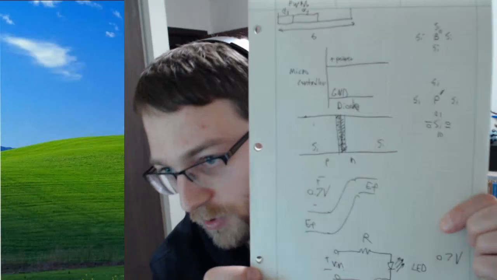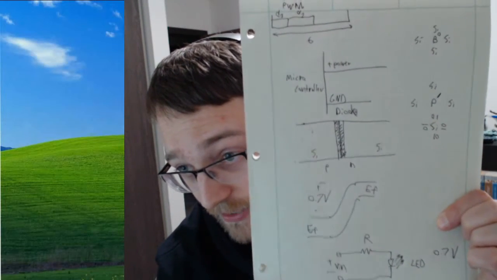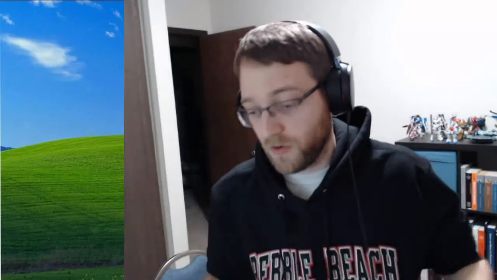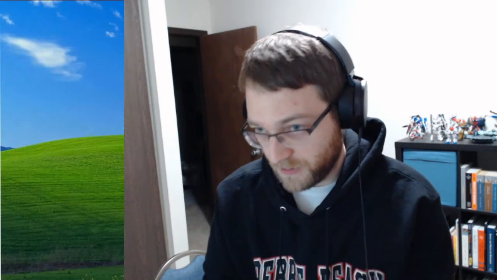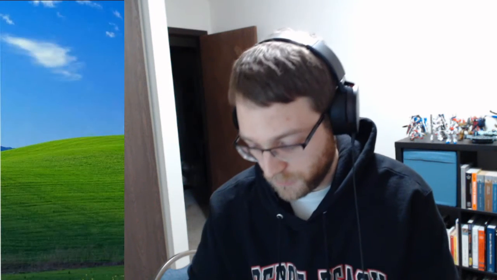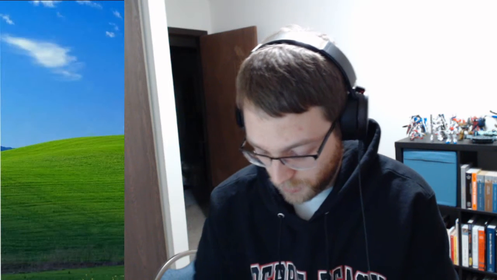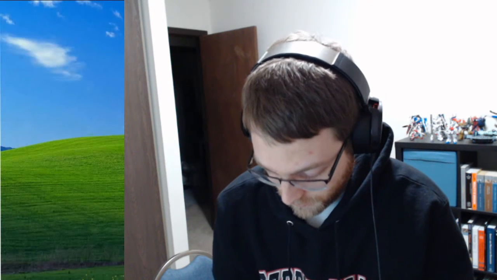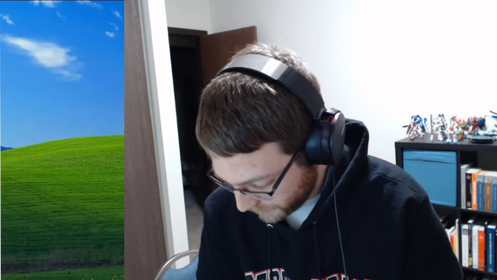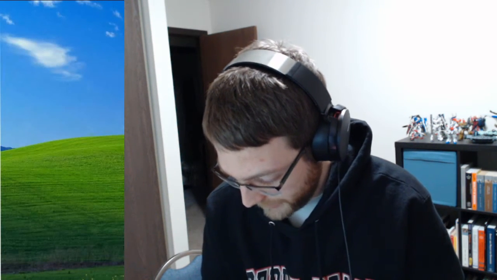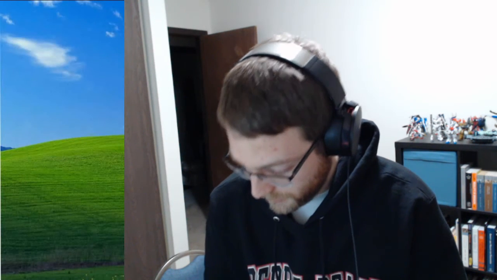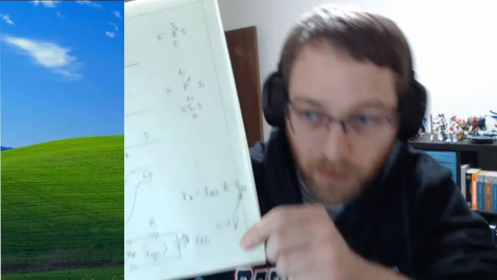0.7 volts will be what it takes to turn on your LED and have it shooting light out all over the place. And then your total equation for the voltage of the circuit is Vin equals I_LED times R plus the voltage of the LED, which in this case is 0.7 volts.